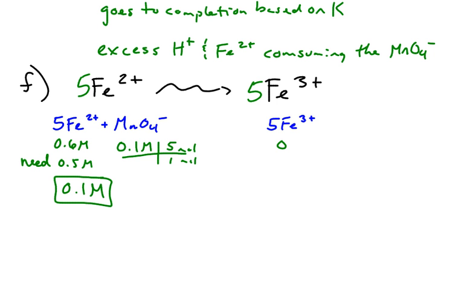Well, if I'm using up 0.1, you can do it from here or from here. If I'm consuming 0.1 and that's 1 mole, it would make 5 times that. Or 5 moles of something was consumed, and 5 moles of that would be the same answer. So it's going to be 0.5 molar produced.